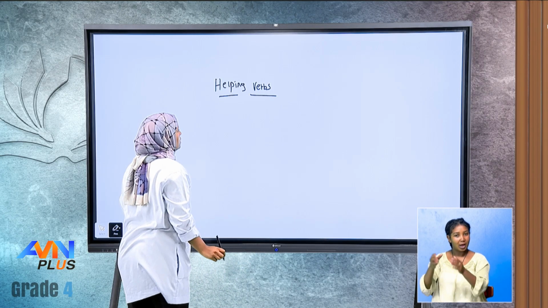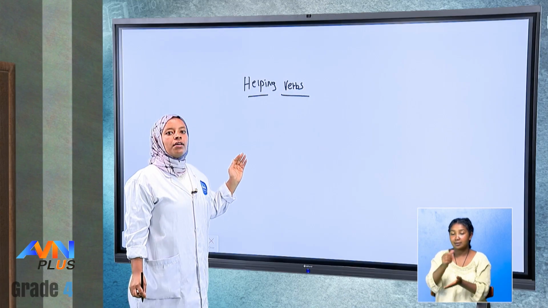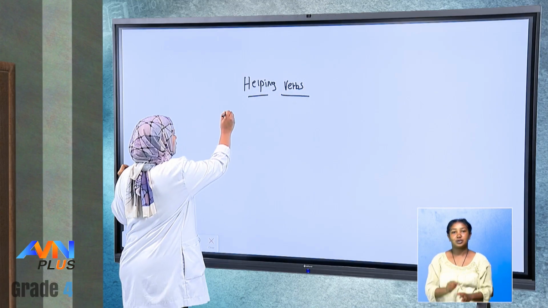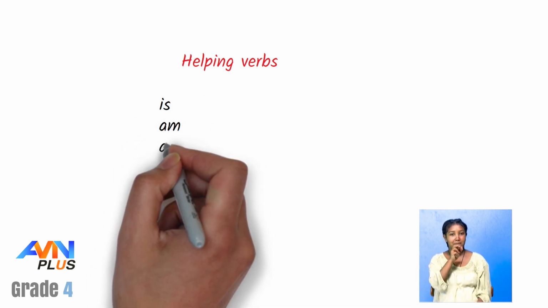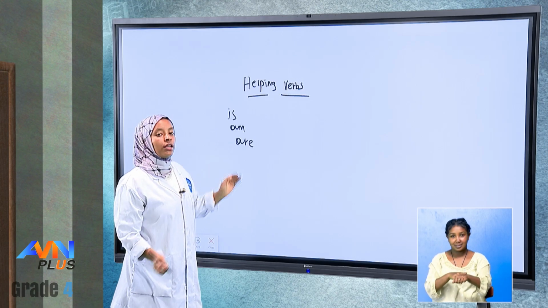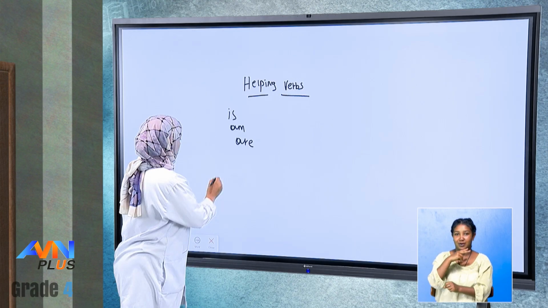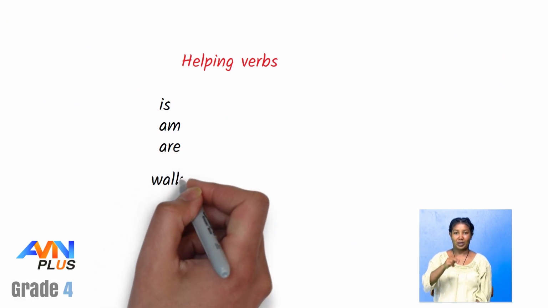Students, helping verbs are also verbs that help the main verb. So, is, are, we can use for present continuous tenses that take ing verbs like walk, walking.